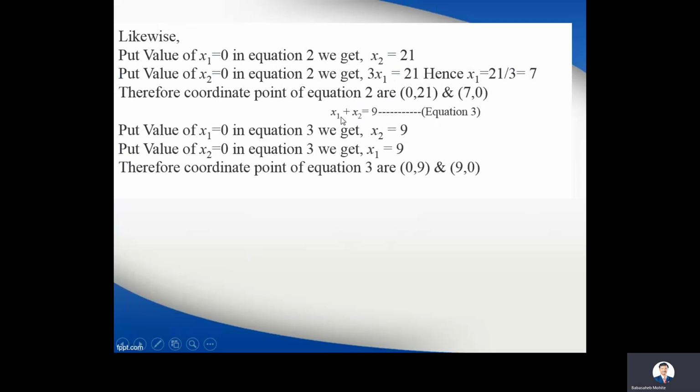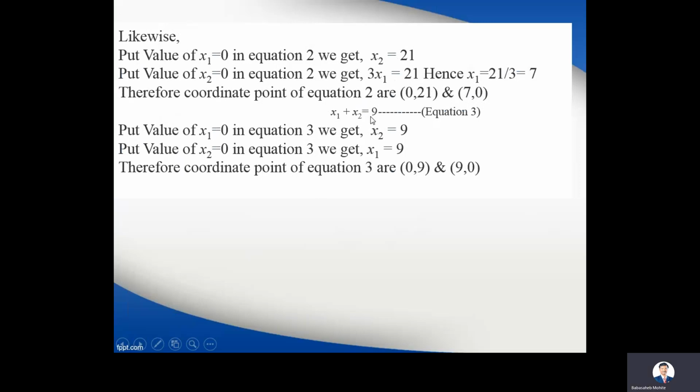Likewise, in the third equation, x1 plus x2 is equal to 9. If I put the value of x1 equal to 0, then in equation 3 we get x2 is equal to 9. And if we put x2 equal to 0 in equation 3, we get x1 is equal to 9. So the coordinate points of equation 3 are (0, 9) and (9, 0).